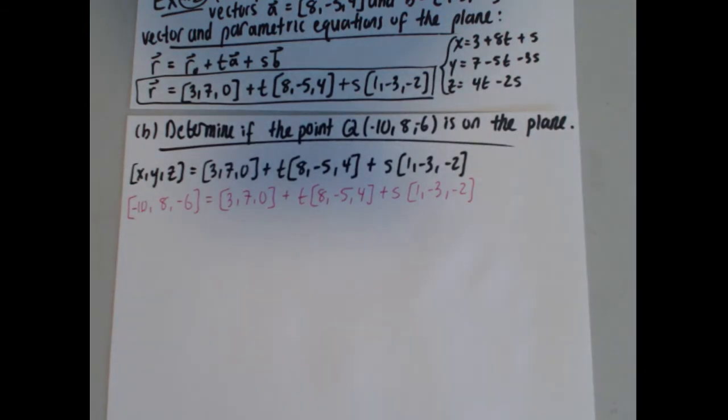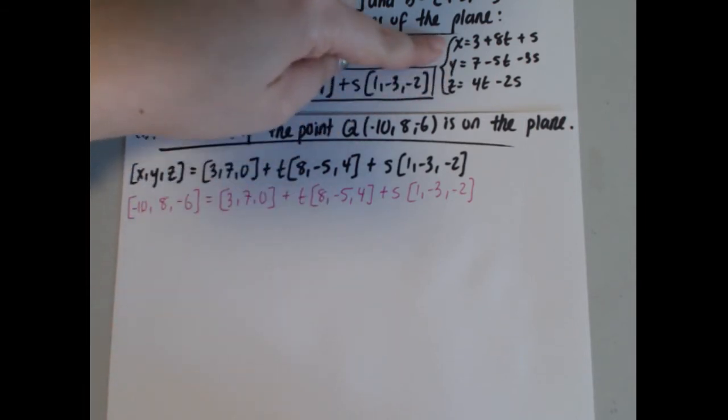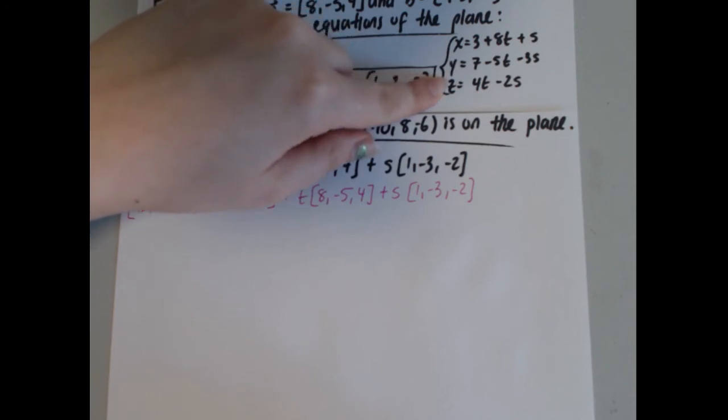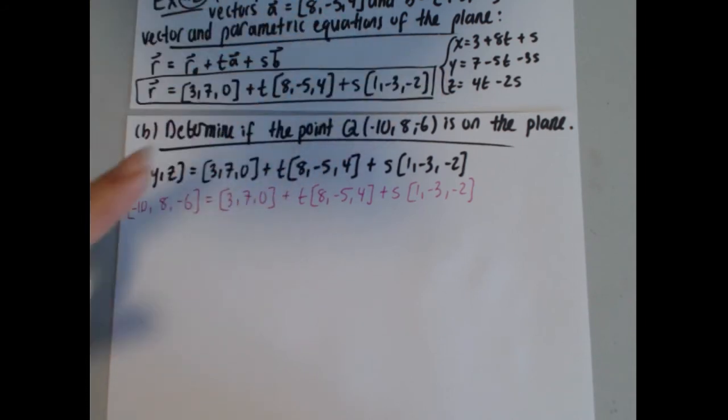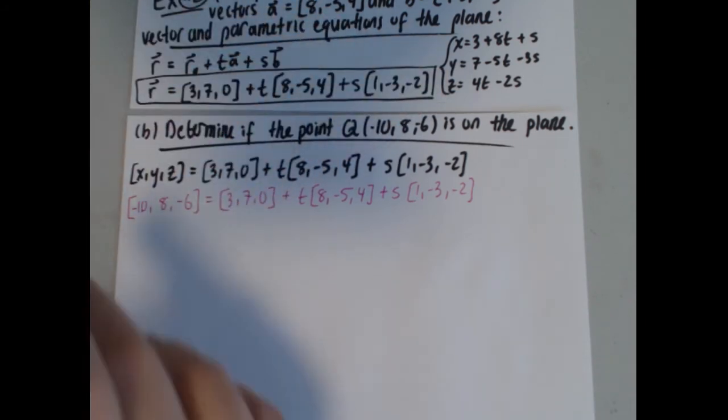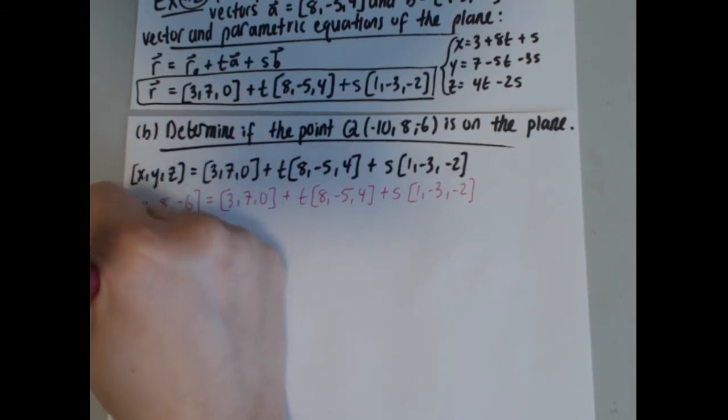So what we're going to do is similar to the other one. We are going to create a series of 3 equations, and those are the parametric equations, just with the values on the left side. We're going to plug in -10, 8, and -6 for x, y, and z, and then solve for s and t. So let's do that first, and then I'll explain where we're going.